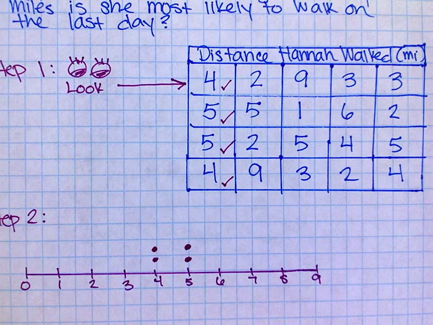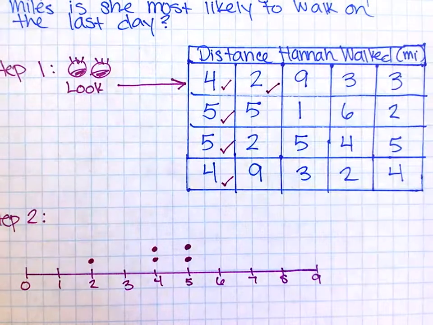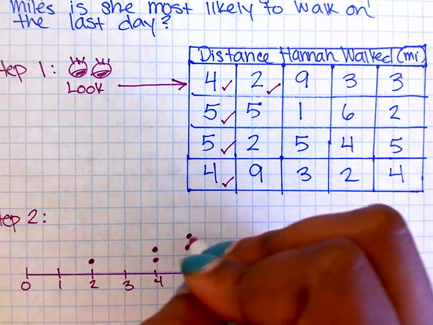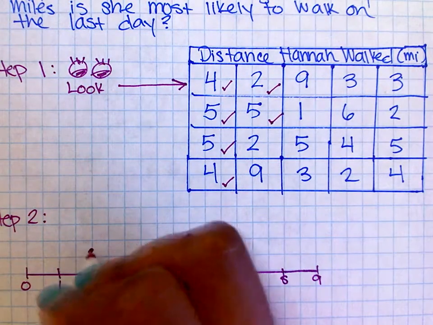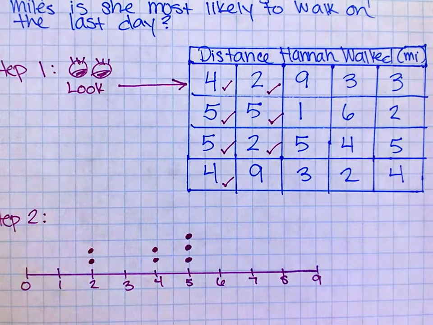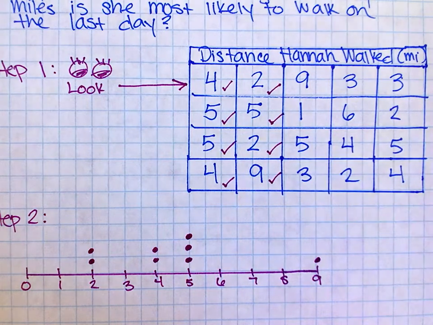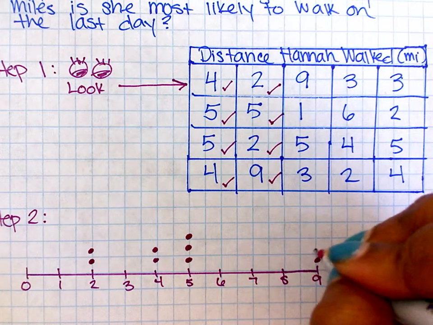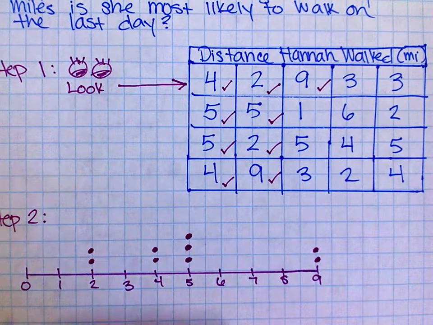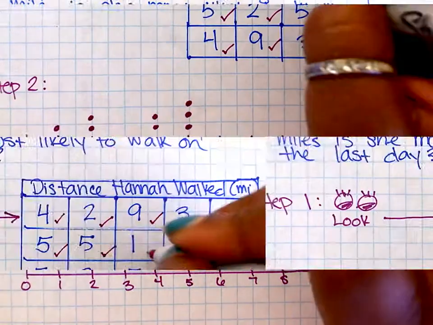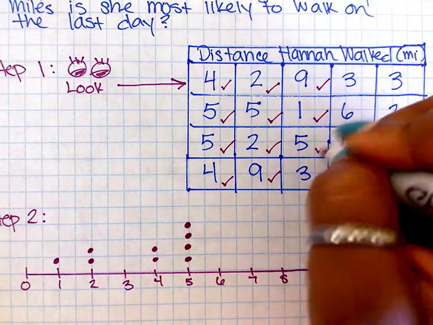And you could keep going. 2, check it off. 5, check it off. 2, check it off. 9, check it off. 9 again. Check it off. 1. Check it off. 5 again. Check it off.